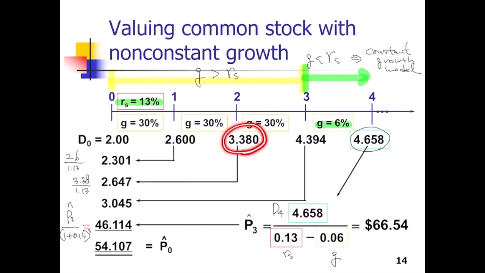It discounts 1, 2, so power of 2. And the dividend at year 3, 4.394 divided by 1.13, power of what? Discount 1, 2, 3, so power of 3.